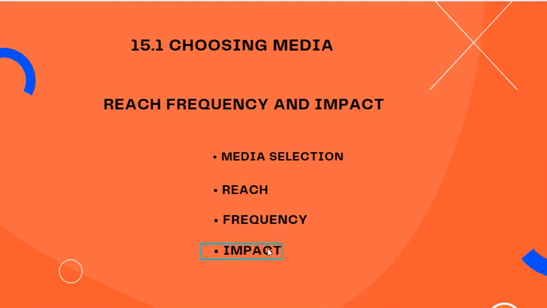Then the marketer evaluates the results of its decisions. Media selection is finding the most cost-effective media to deliver the desired number and type of exposures to the target audience.